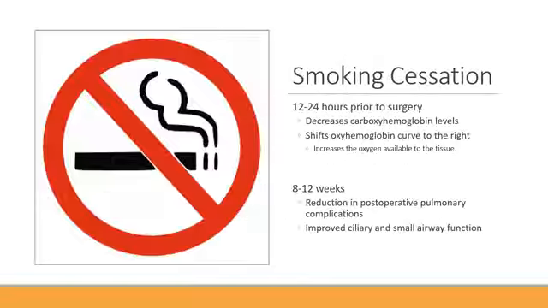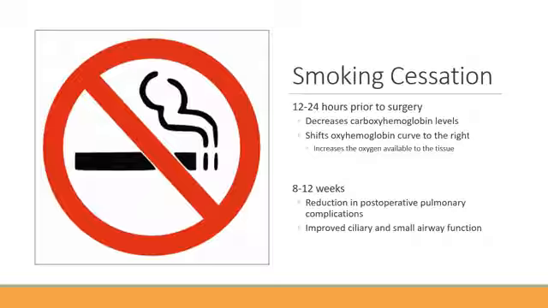In terms of the benefits of smoking cessation, if they quit at least 12 to 24 hours prior to surgery, one of the biggest changes that we see is a decrease in the carboxyhemoglobin levels, and that's going to shift the oxyhemoglobin curve to the right, which will increase the availability of oxygen to the tissues. So that's going to basically make the body a little more well oxygenated.